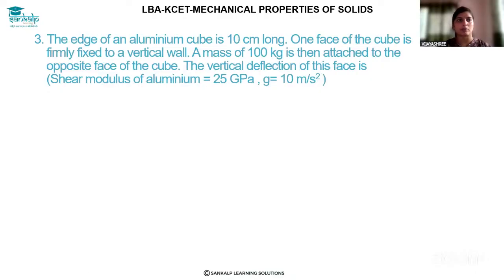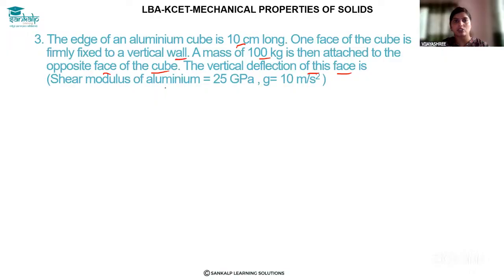Let us see question number 3. The edge of an aluminium cube is 10 centimeter long. One face of the cube is firmly fixed to a vertical wall. A mass of 100 kg is then attached to the opposite face of the cube. What is the vertical deflection of this face?